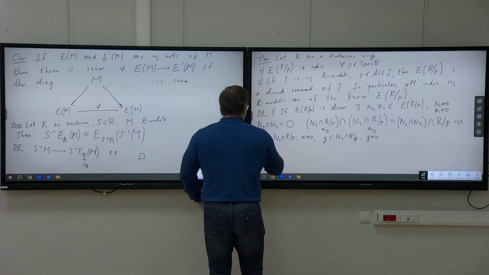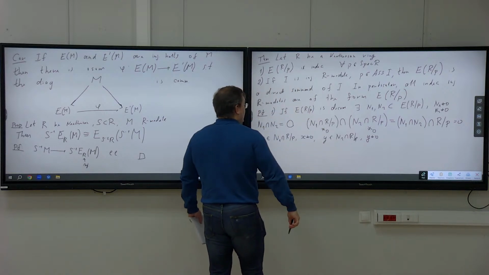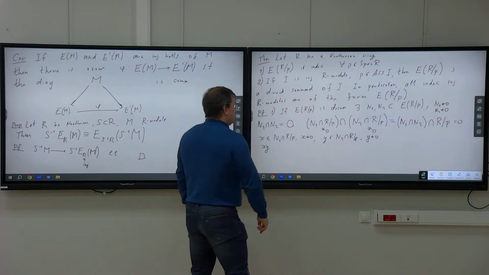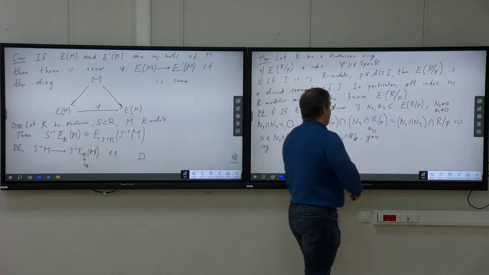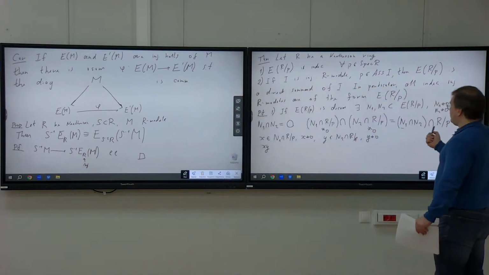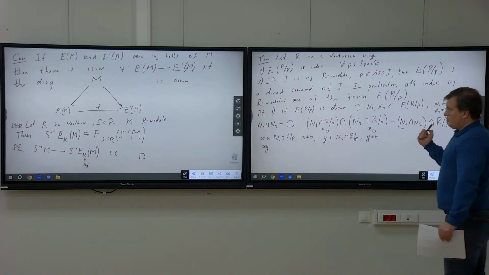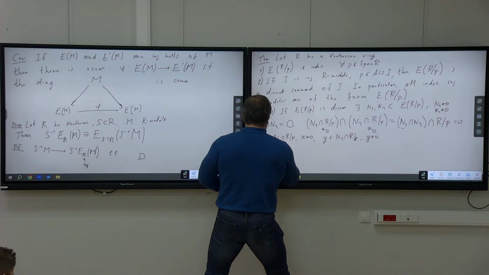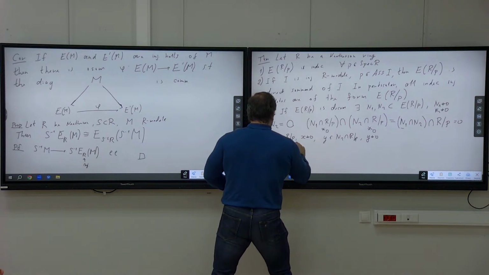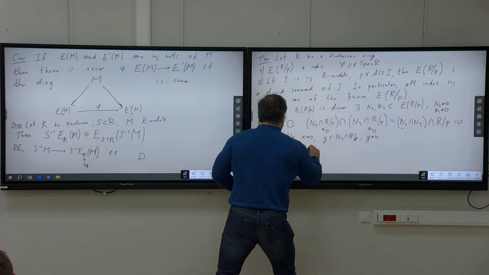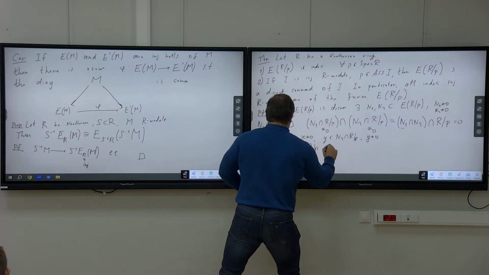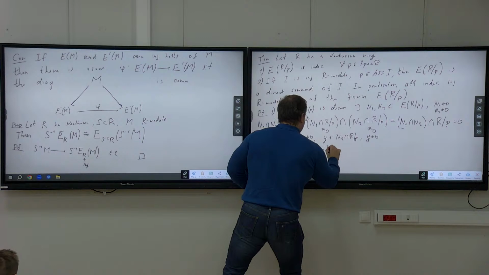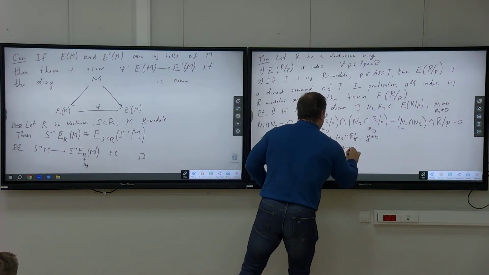Well, if I look at the product xy, then the product is definitely in this intersection, the intersection of N1 and N2 intersect with R modulo P. So the product is 0.